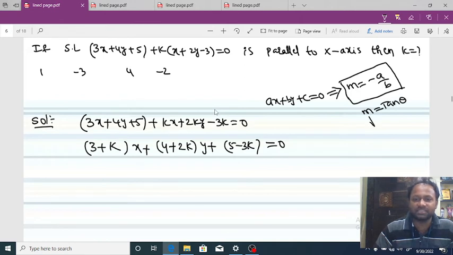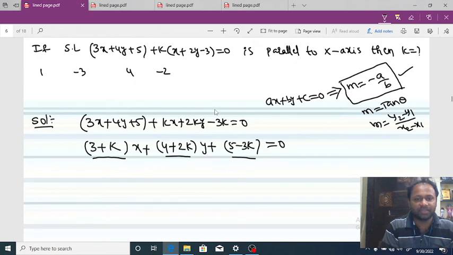Another one is m is equal to y2 minus y1 divided by x2 minus x1. So now we got another formula, that is m is equal to minus a by b. Okay. Next, see here, this is A and this is B and this is C. So here, m is equal to minus a by b.